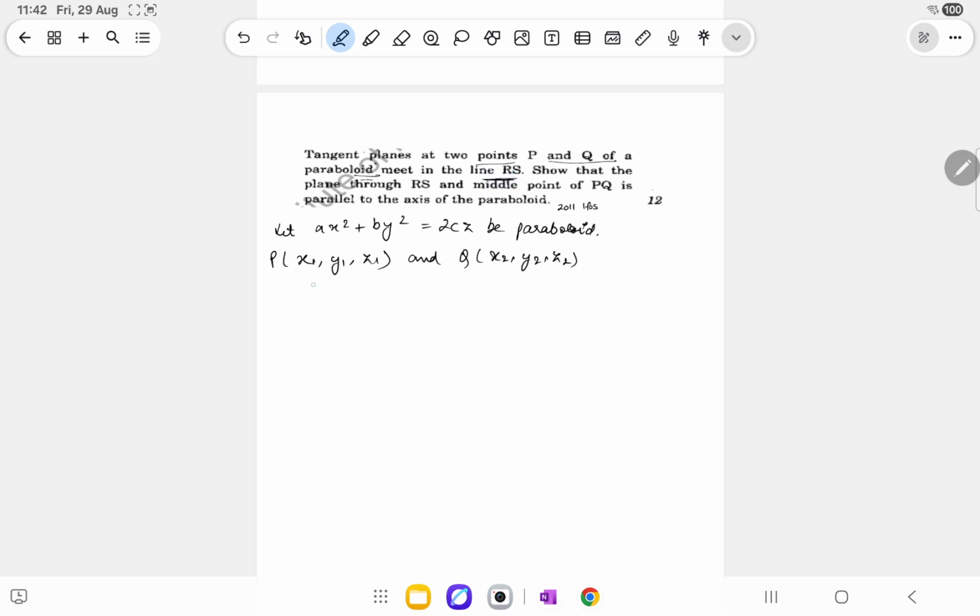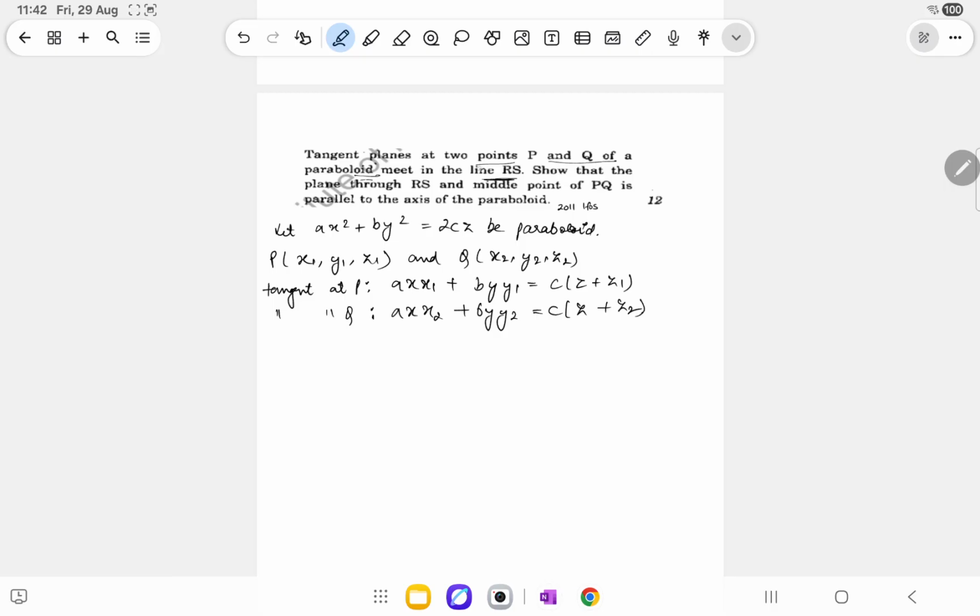So the tangent at P will be ax x1 plus by y1 is equal to c(z plus z1). Likewise, the tangent at Q will be ax x2 plus by y2 is equal to c(z plus z2).